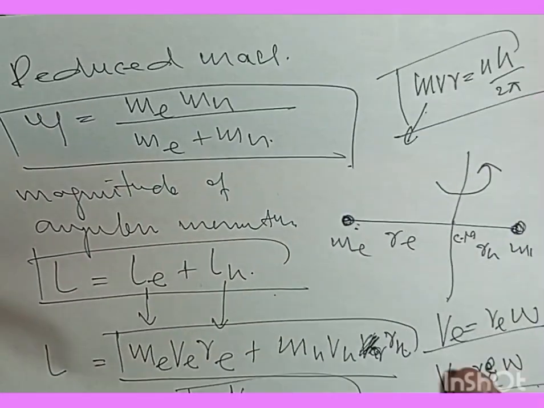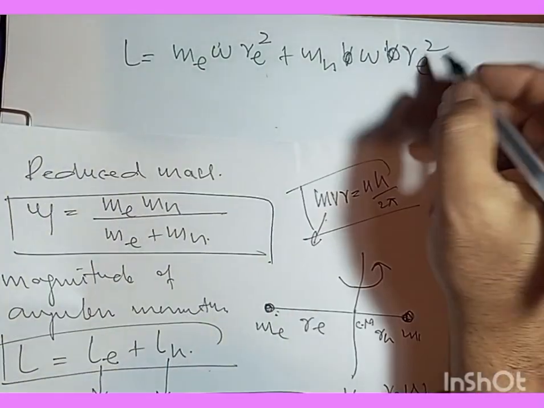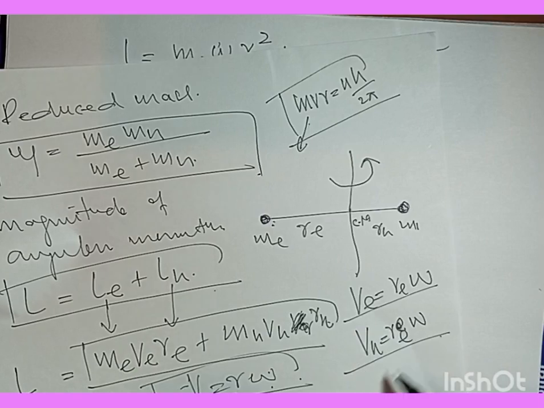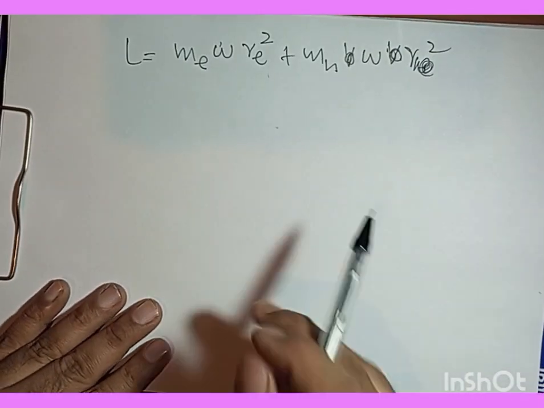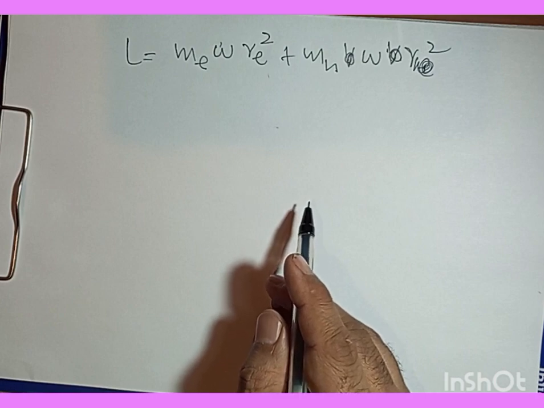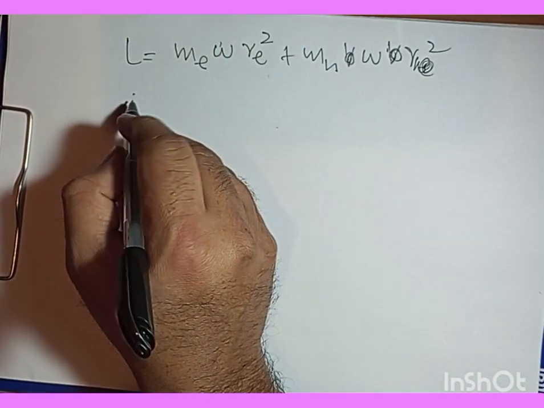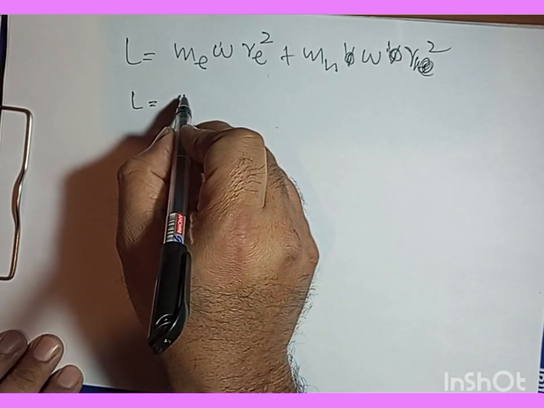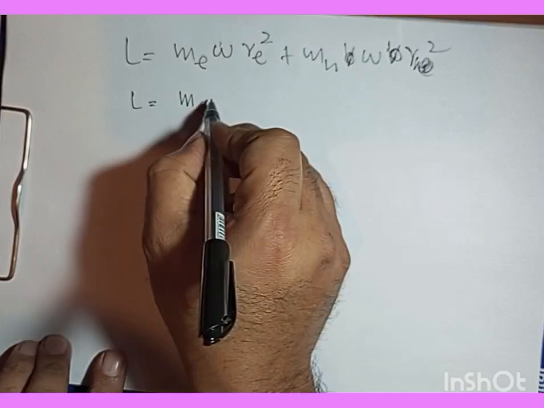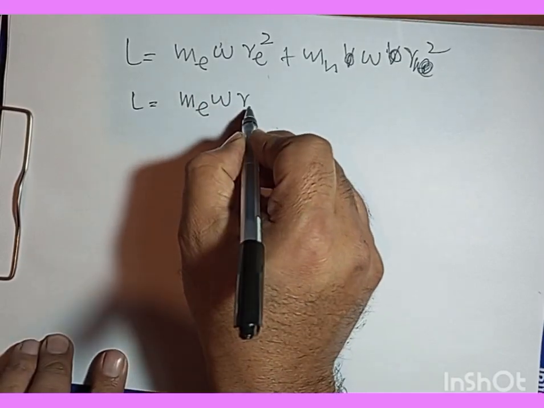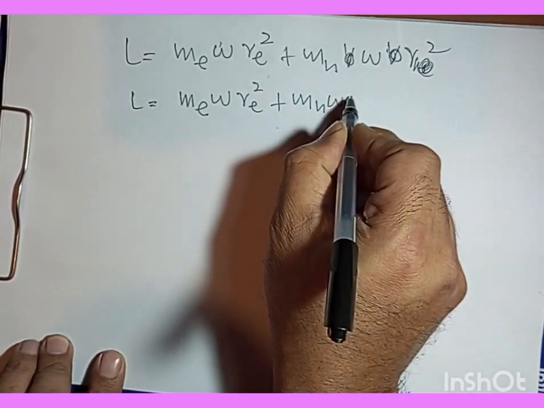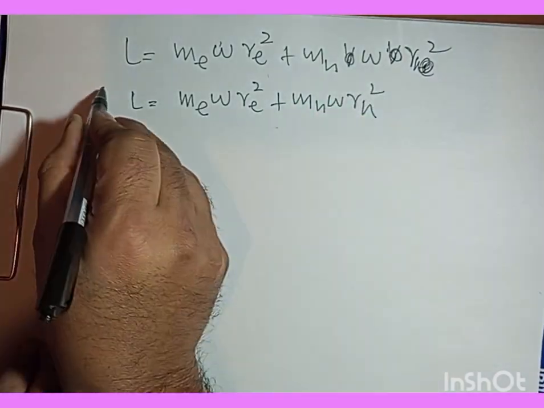Here it is Rn whole square, because of using these two equations. So moving on from here, this L will be Me omega Re square plus Mn omega Rn square.